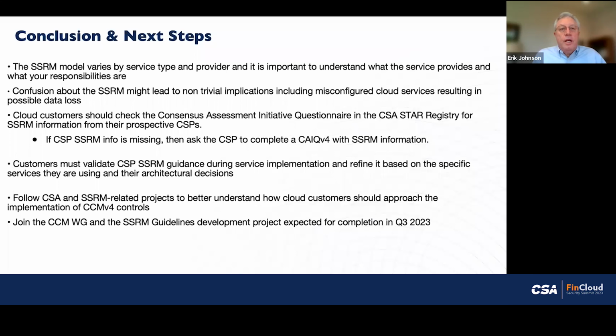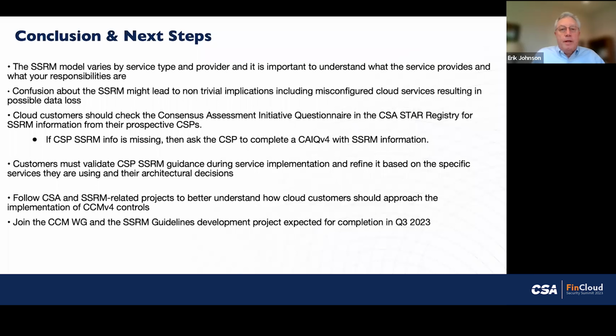As I mentioned, a lack of clear understanding or lack of rigorous execution of SSRM responsibilities can have significant implications. You can end up with misconfigured cloud services, unsecured APIs, and a whole variety of other potential things that could result in data loss or security breaches, some of which, as we know, can be high visibility and very, very expensive.